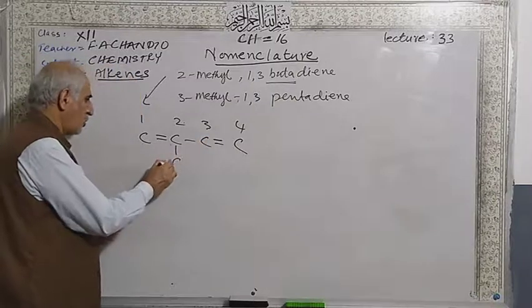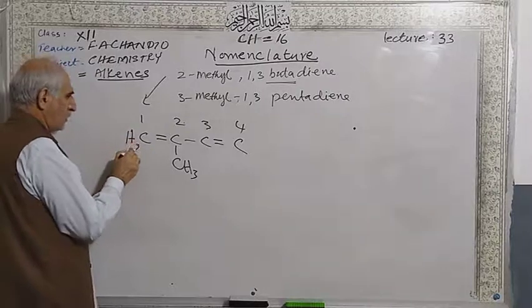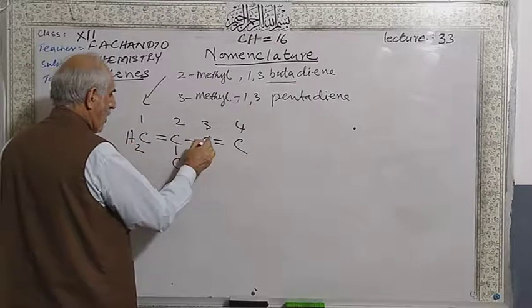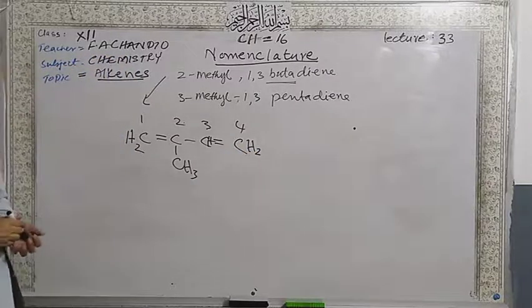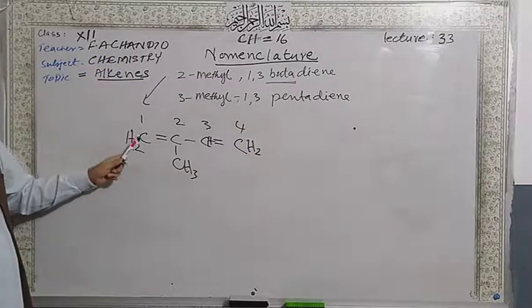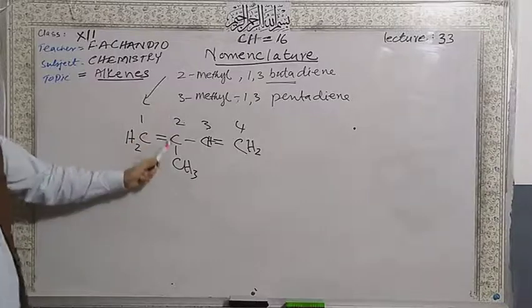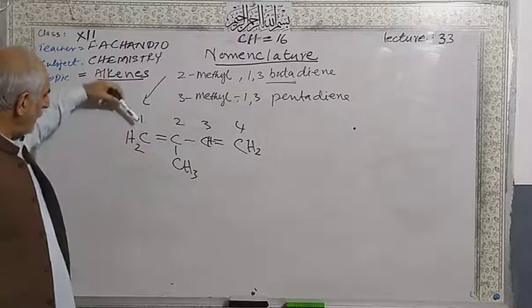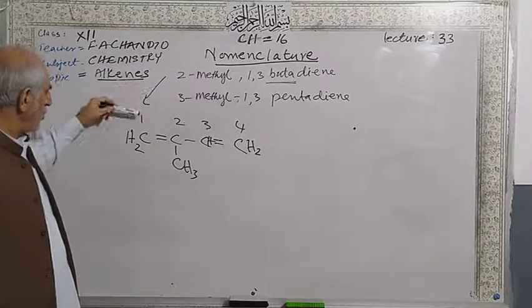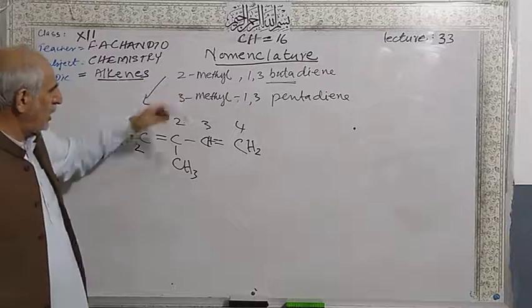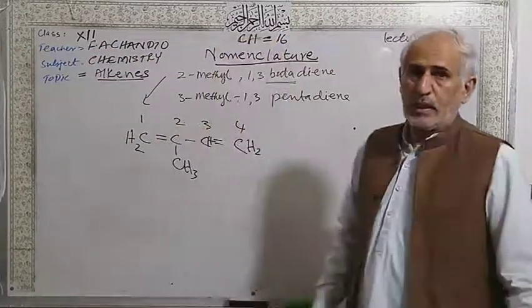This is 2. Like this. 2-methyl, this is the 2-methyl. 1 double bond, 3 double bond. So 1,3-butadiene.